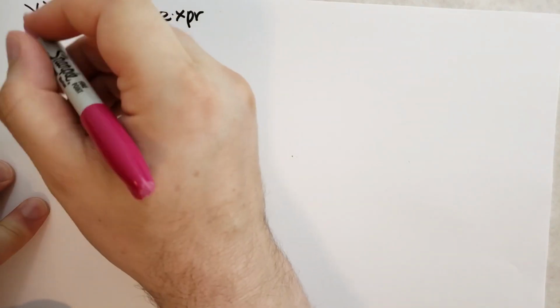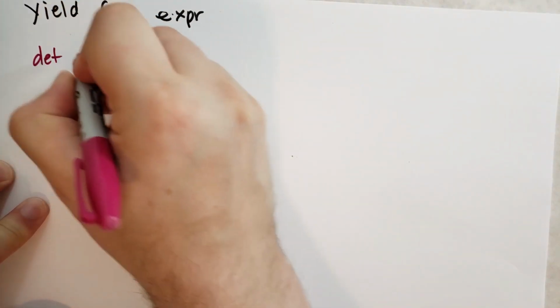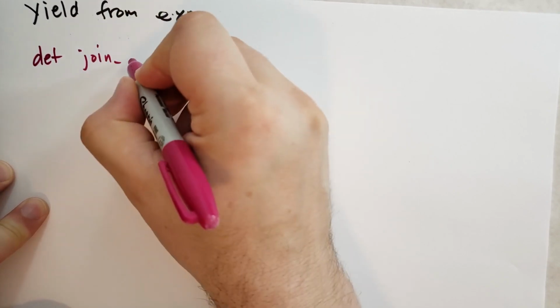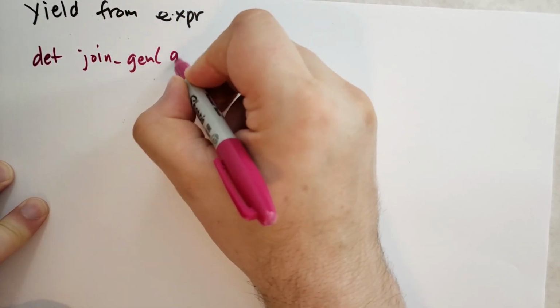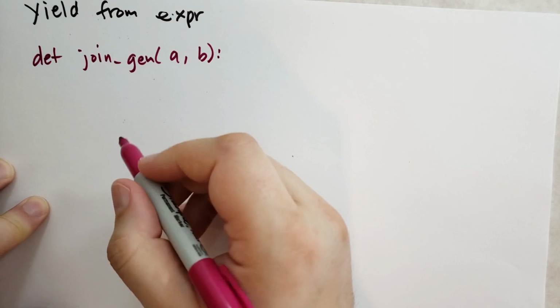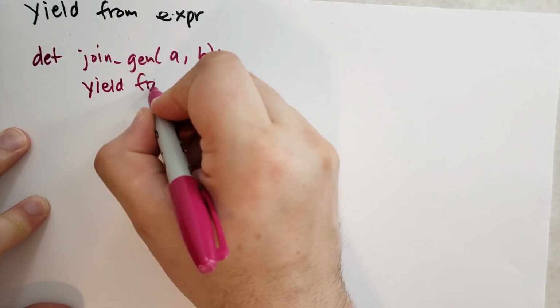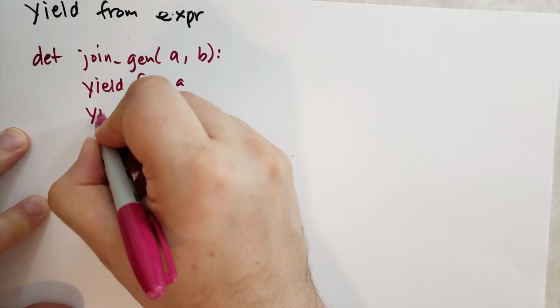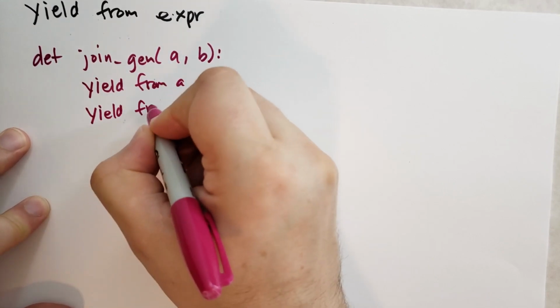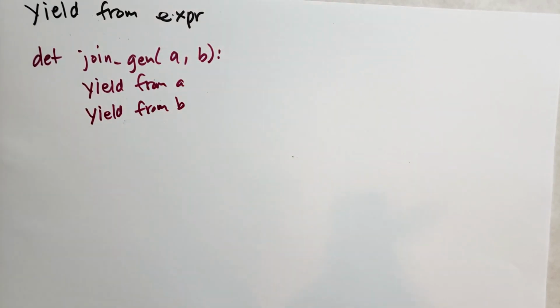We're going to join two sequences together, and we'll call it join_gen. It takes 2 parameters, and all it will do is yield from A and then yield from B. Let's go ahead and give this a spin.